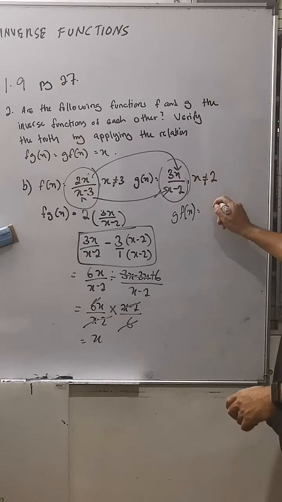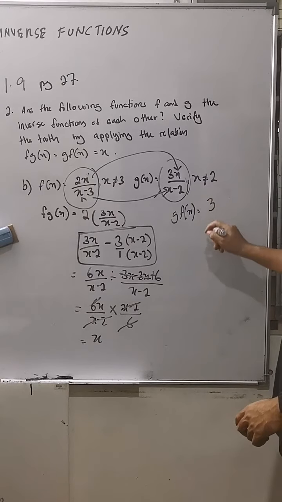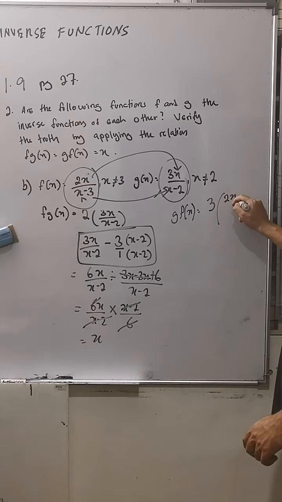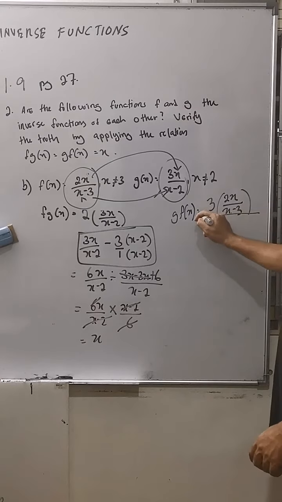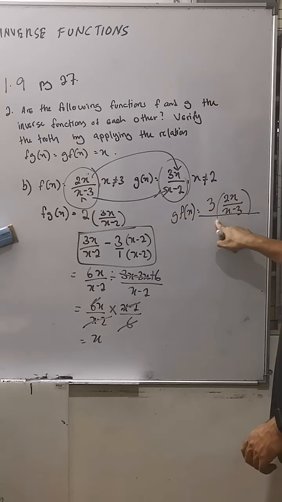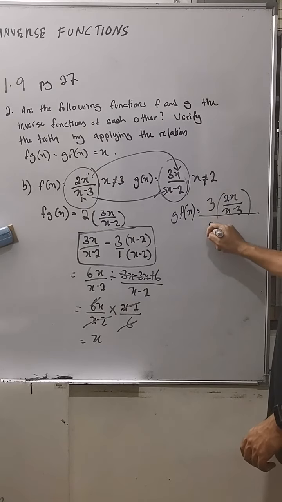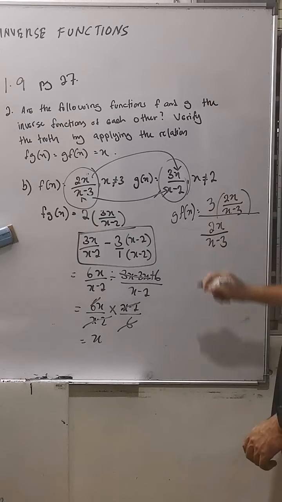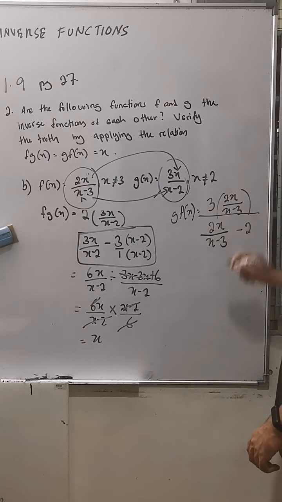So 3x will be 2x over x minus 3, over, replace x here with the whole thing there, so it becomes 2x over x minus 3 minus 2.